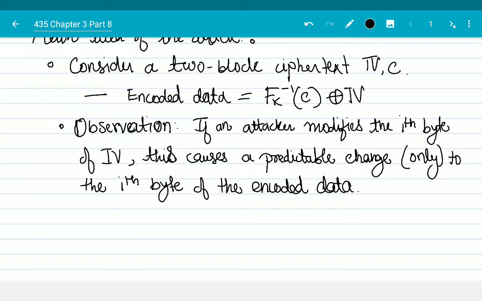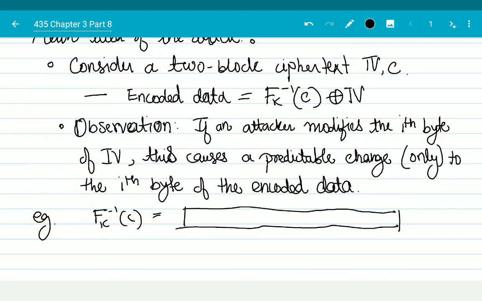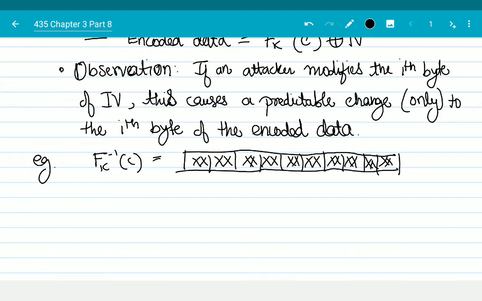So for example, fk inverse of c was something. I don't care. 9, 6, 7, 8, 9, whatever, XX, XX, XX, XX, XX, XX, XX, XX. Okay, I don't care what the exact thing is.